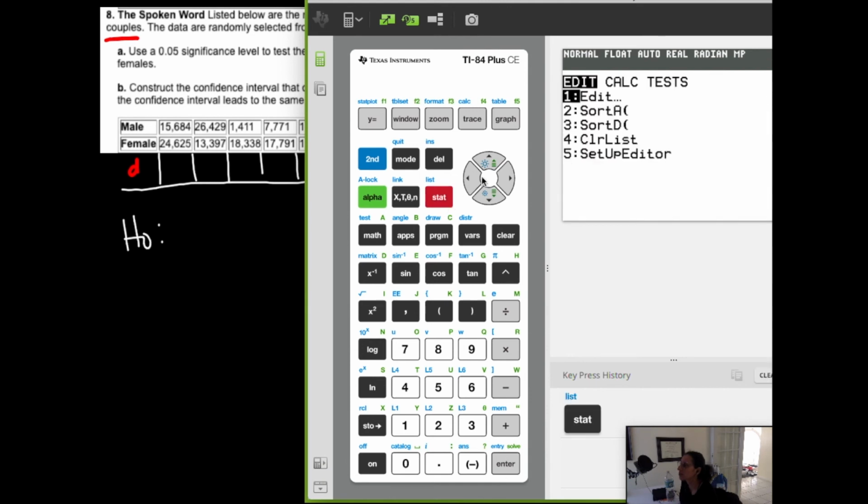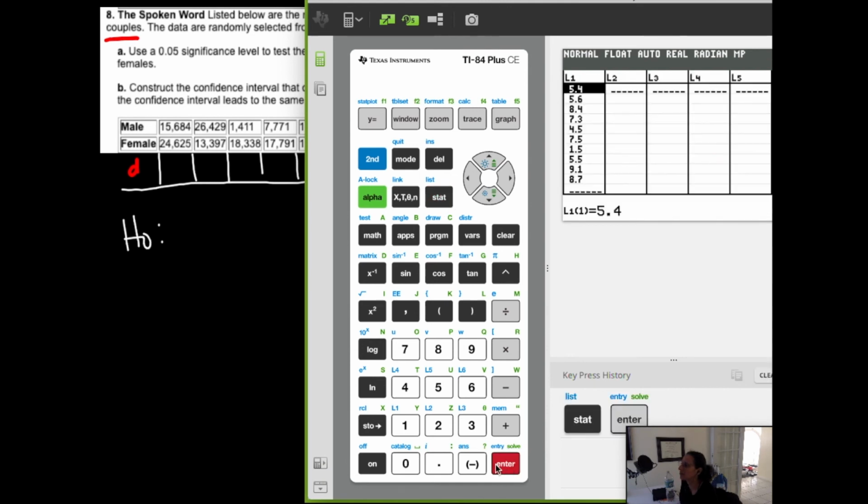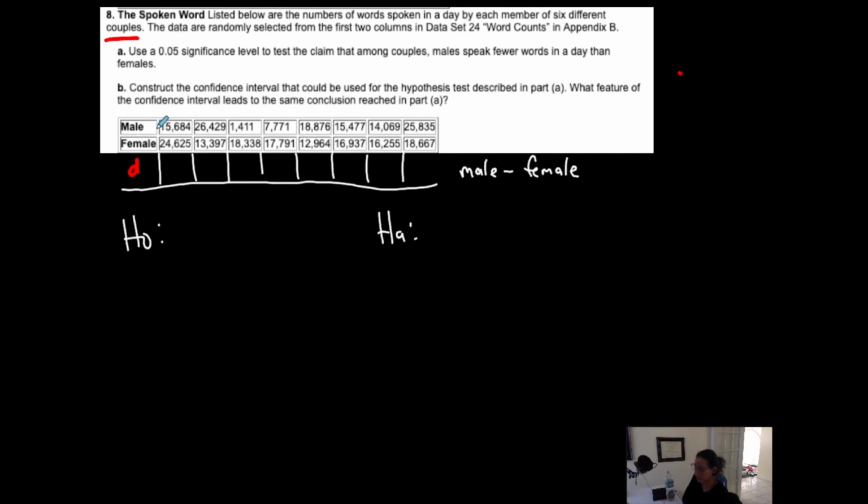So obviously we're going to go to stat and edit because I'm going to input data. So I'm going to put it into list 1 and list 2, and then I want to remember where I put which. So my male's going to be in L1 and my female's going to be in L2. So L1 for male, L2 for female, which means that I'm going L1 minus L2, male minus female.